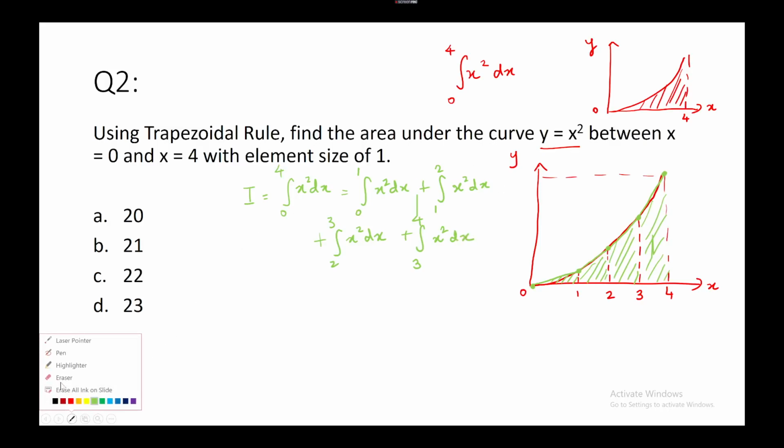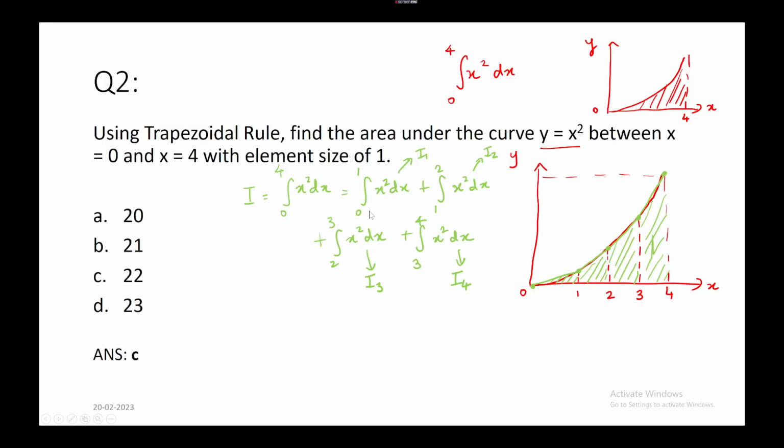Just erase the small part. So this one I call I1, this one I2, this one I3, this one I4. So each of I1, I2, I3 and I4 I am going to calculate using the trapezoidal rule.